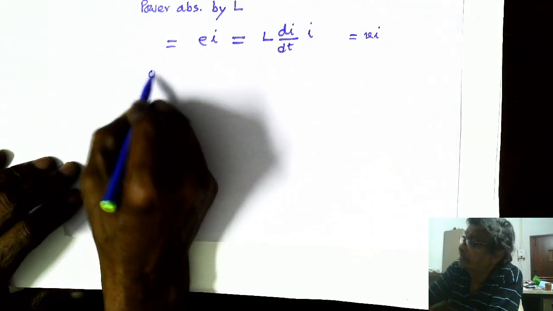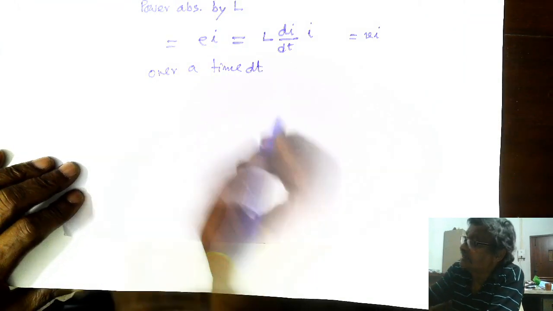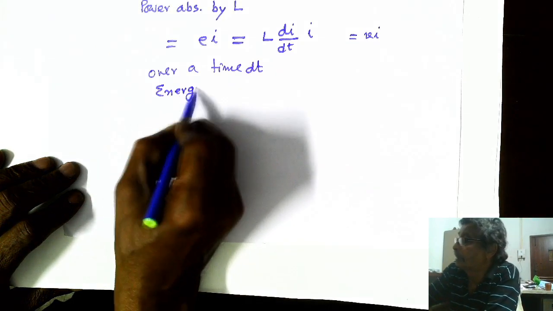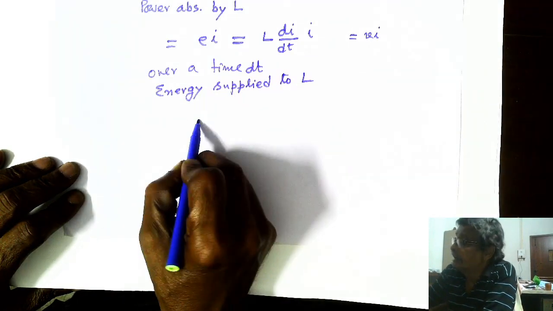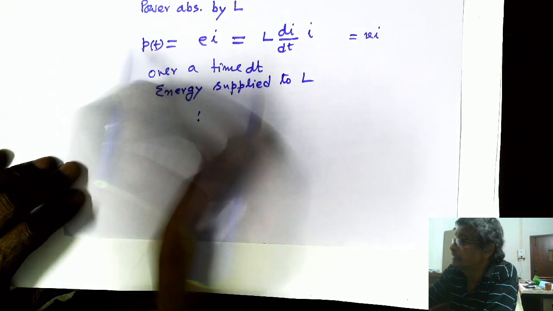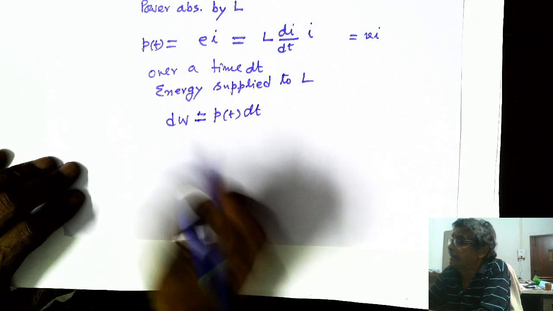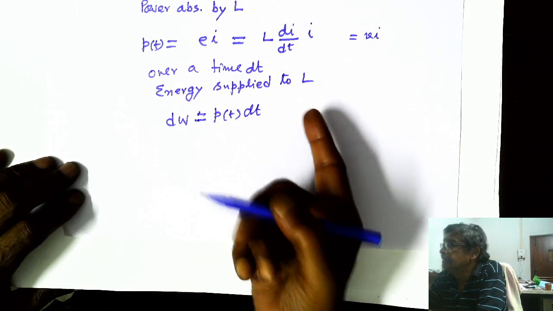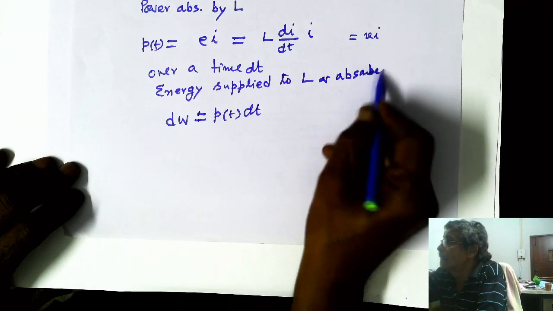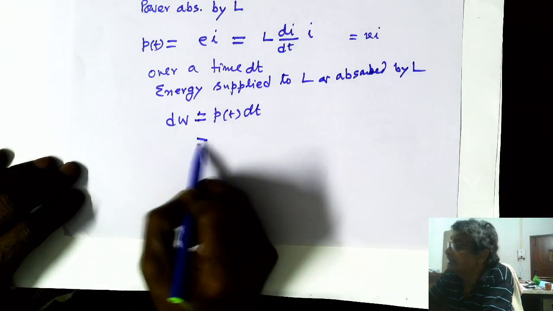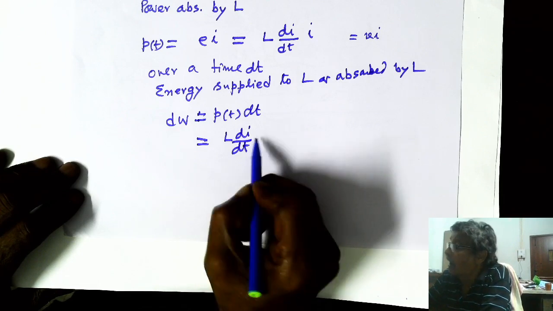Over a small interval of time dt, the energy supplied to L will be P(t) into dt, and this we write as dW, the energy supplied to L, or absorbed by L. This is equal to L di/dt into i into dt.